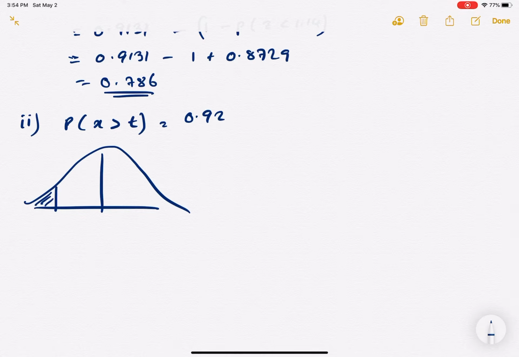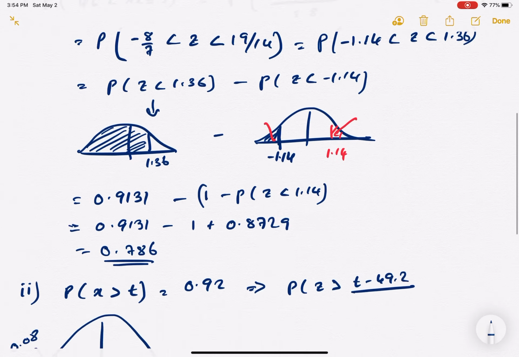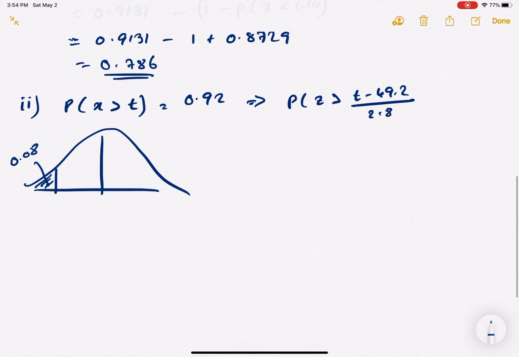This part should be 0.92, whereas the rest becomes 8%. Let me normalize this first. This becomes z greater than t minus 49.2 over my standard deviation, which is 2.8.